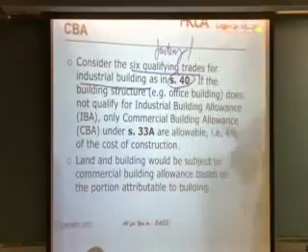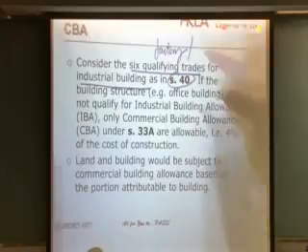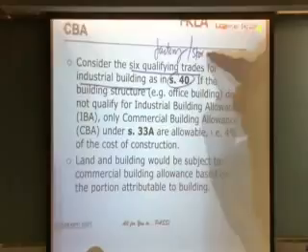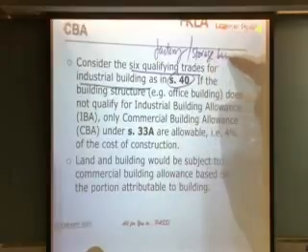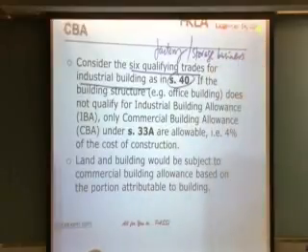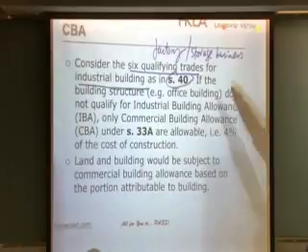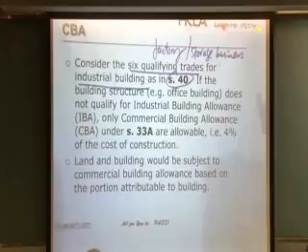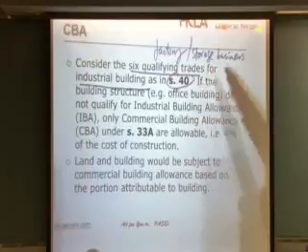The other one normally examined is that the company is doing storage business. Remember to differentiate storage business and warehouse. Warehouse can be used by a trading company. The trading company is not doing storage business.